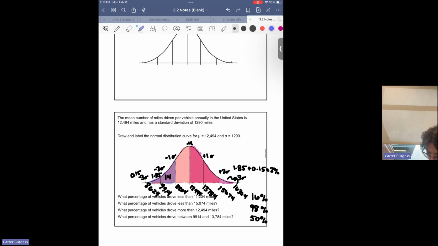Yeah, very good. So again, we could just add up all the buckets and that would be totally fine. But we could also think about taking the 68% that we get between plus and minus 1 standard deviation and adding it with the 14%. And we should see that this is in fact 14 plus 68 gives us 82%.